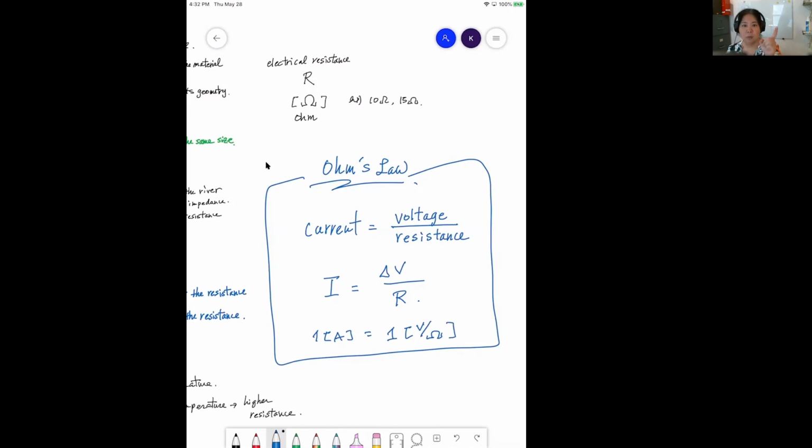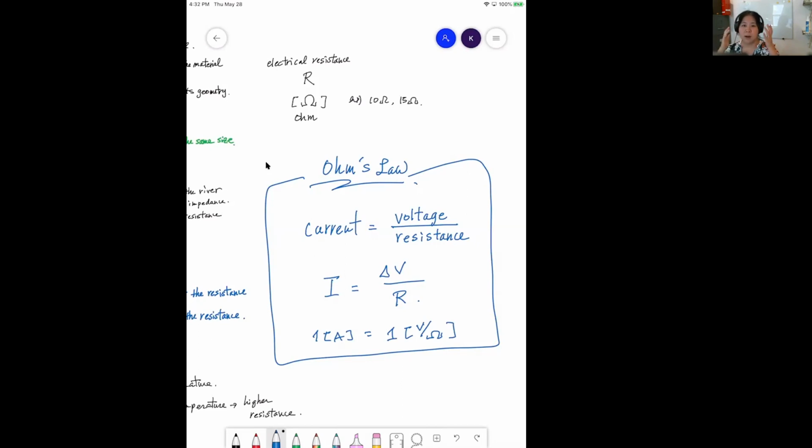One thing about Ohm's law is that it's not a fundamental law. It's not like Newton's first law, or the universal gravitational law, or Coulomb's law that applies anywhere, anytime. It's actually empirical, and only works in a certain regime, especially at room temperature.